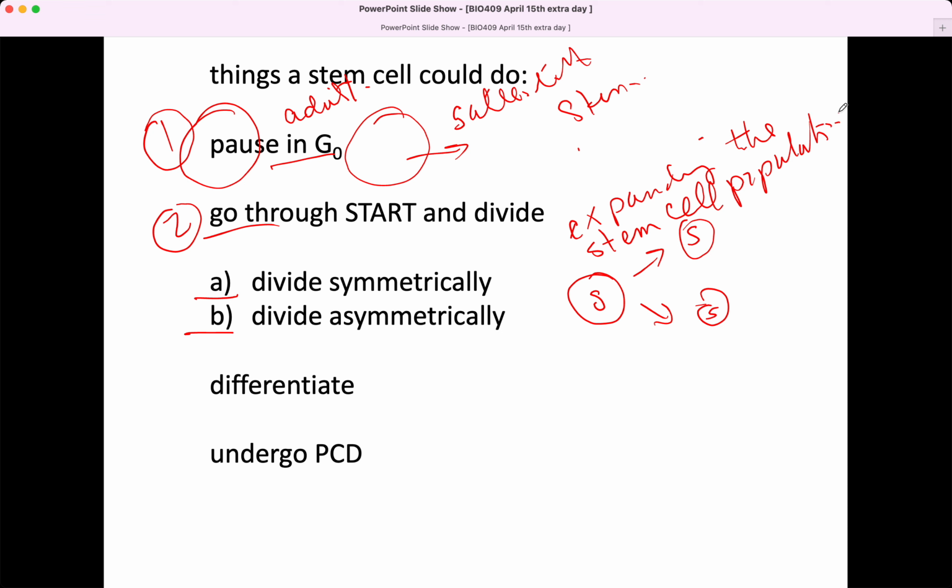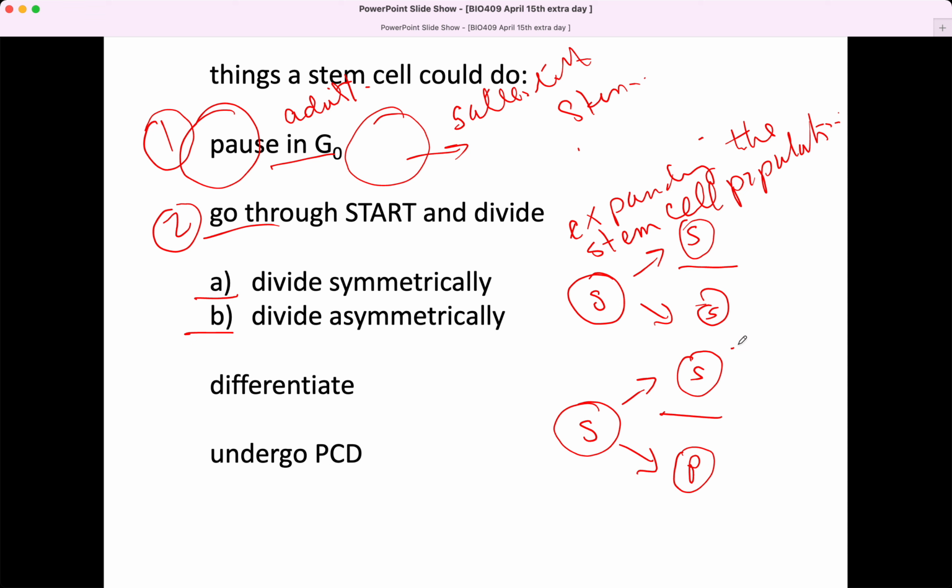And that happens in a variety of settings, to increase the cell population. Then the other possibility is when the cells divide, they can divide asymmetrically. And when they divide asymmetrically, they produce one stem cell and one precursor cell that's no longer going to be a stem cell. So that's an asymmetric, uneven division. This is a symmetric, even division. Either we get two stem cells or one stem cell and one precursor cell.